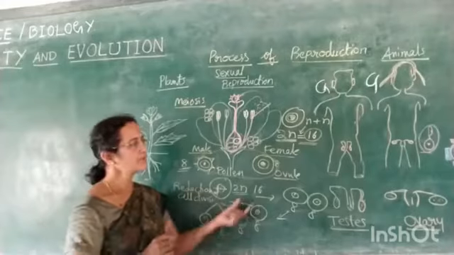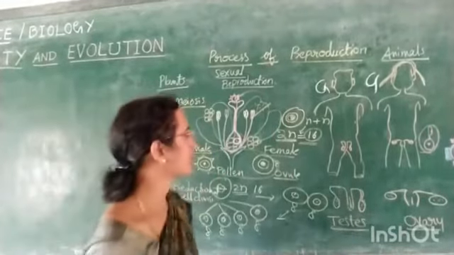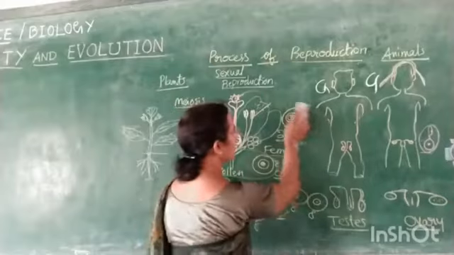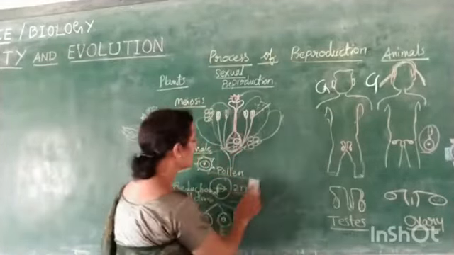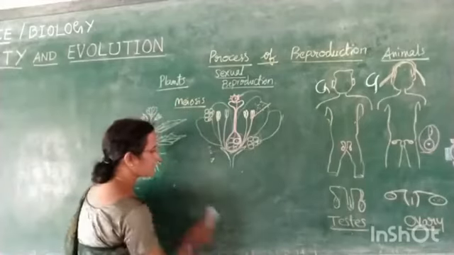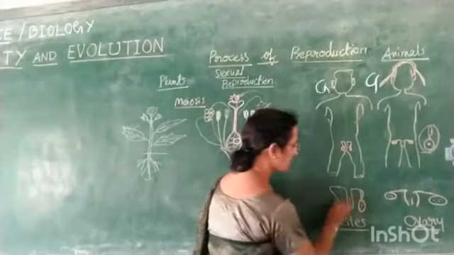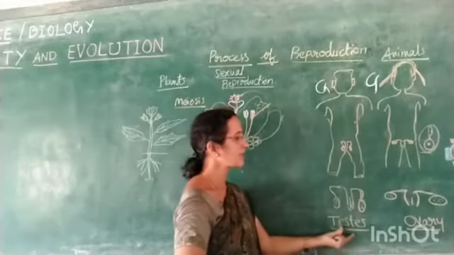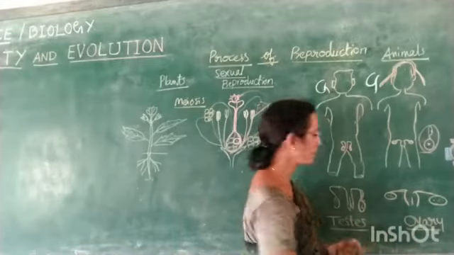Like this, in animals also a similar process takes place. In animals, suppose we take the example of a human being. Here the reproductive structures, as we have learned, are the testis as the male reproductive organ and the ovary as the female reproductive organ.